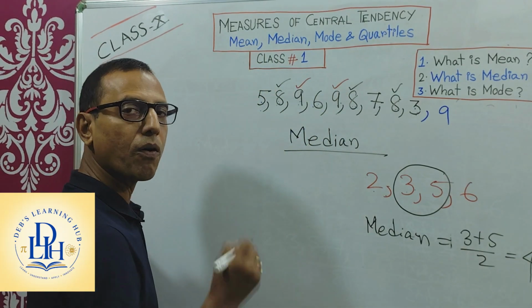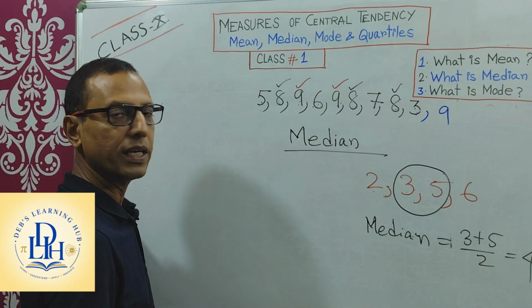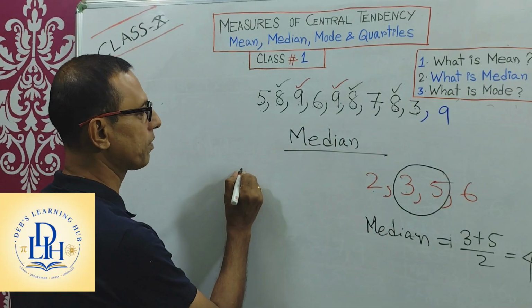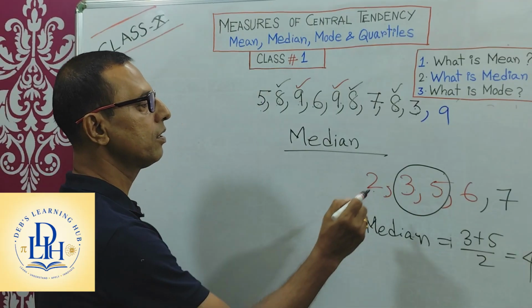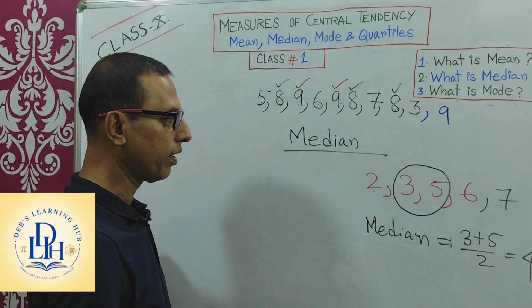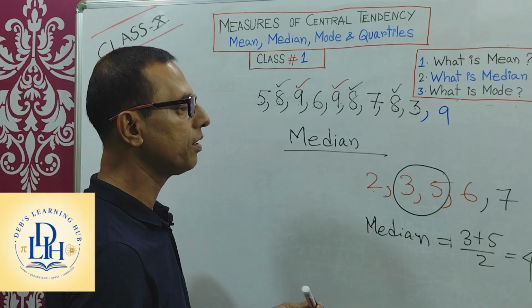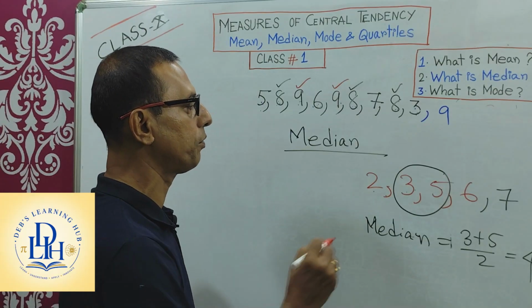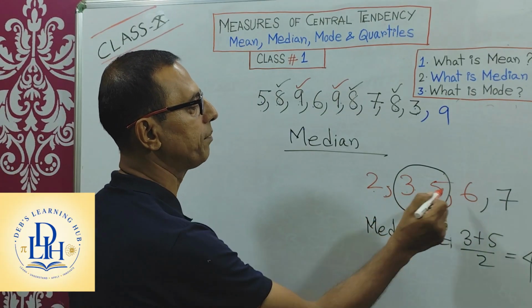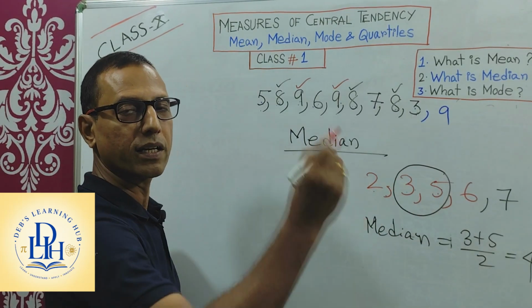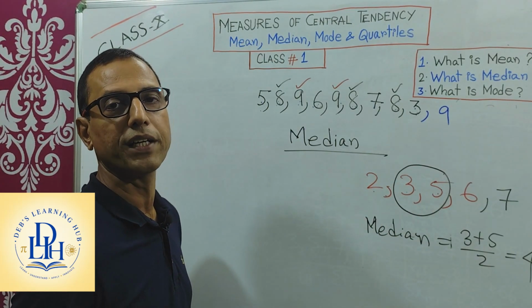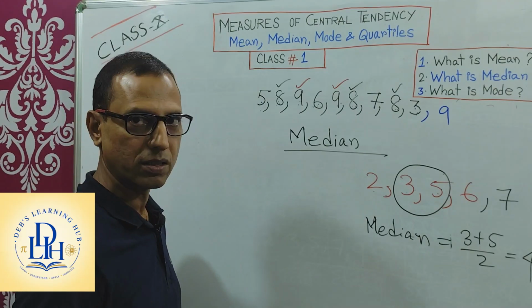But if the number of observations is odd, let's say 2, 3, 5, 6, 7, in that case which is the middle one? The middle one is 5. Here you can straight away say there are 5 numbers, so 5 is in the middle. But if there are 99 numbers or 101 numbers, how will you do that?